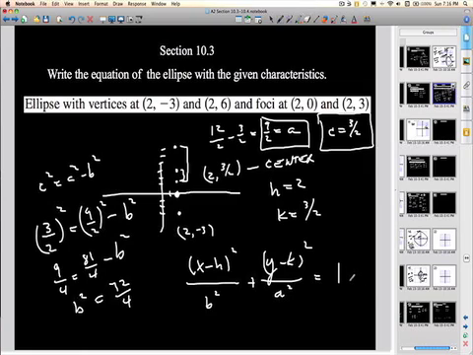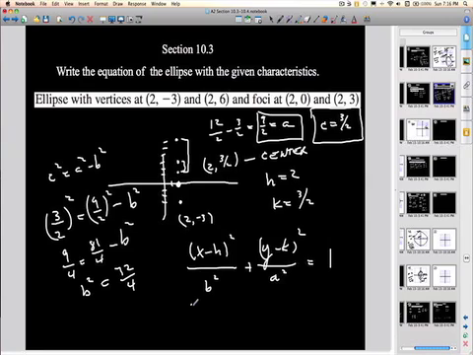And now I just need to start plugging my values in. h is equal to 2, so I'm going to have x minus 2 squared over b squared, which is 72 fourths, plus y minus k, which is 3 halves, squared over a squared. Well, a is 9 halves, and if I square it, I'll get 81 fourths.